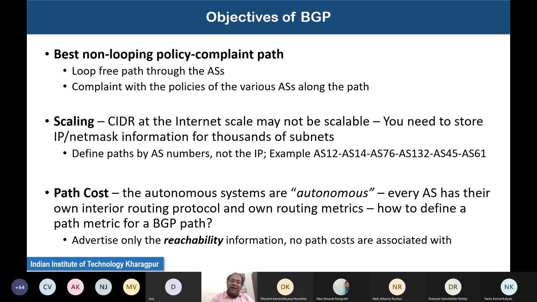You need to make a trade-off between the two, and so at the AS level we do not bother about the path cost. We only bother about the path cost when the packet is forwarded within an AS, and our assumption is that, in the worst case, there might be one additional AS, or some AS having a higher cost, which will get added, but that will be eventual. Okay, so it is not a very generalized case.